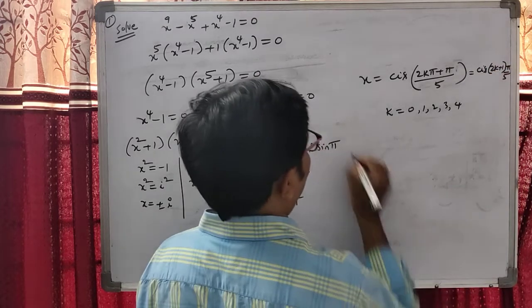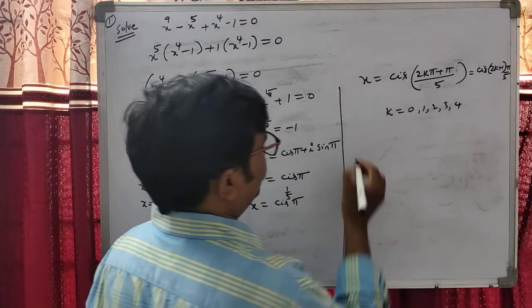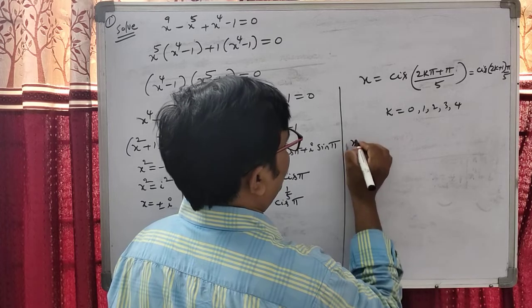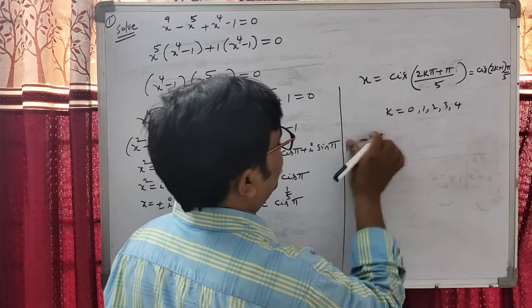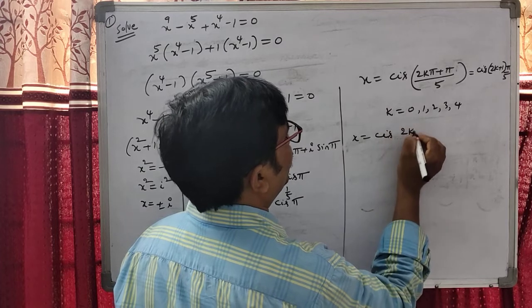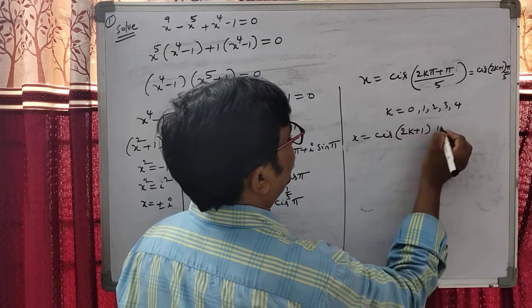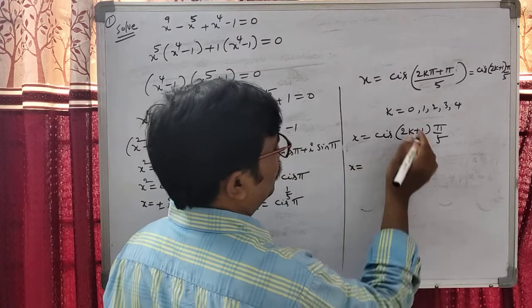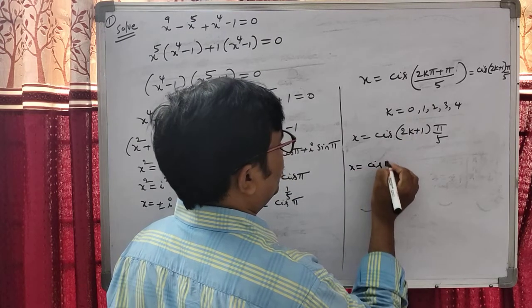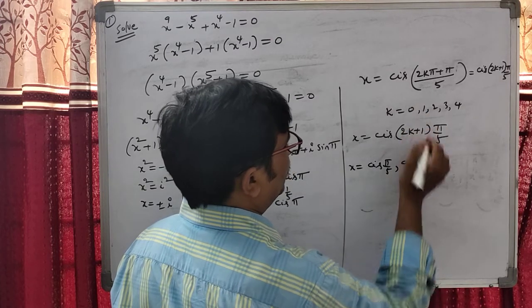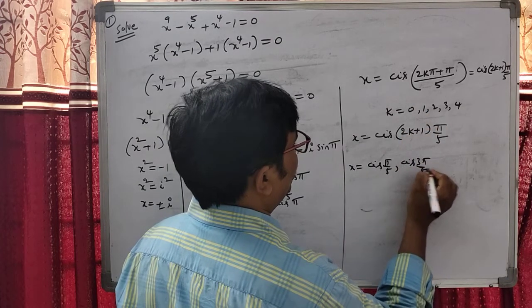Do you understand, students? So suppose k equals 0. When you take k equal to 0, we get cis of (2k pi plus 1 into pi) by 5, that is cis of pi by 5. For k equal to 1, that is 3 pi by 5.